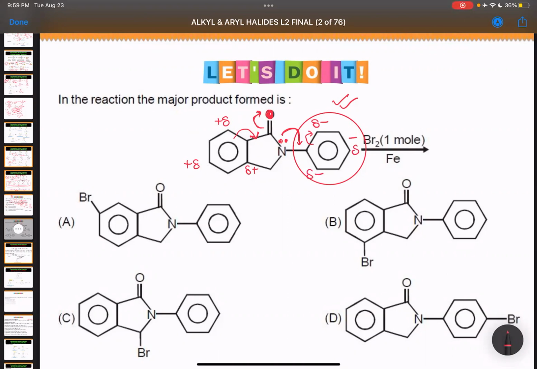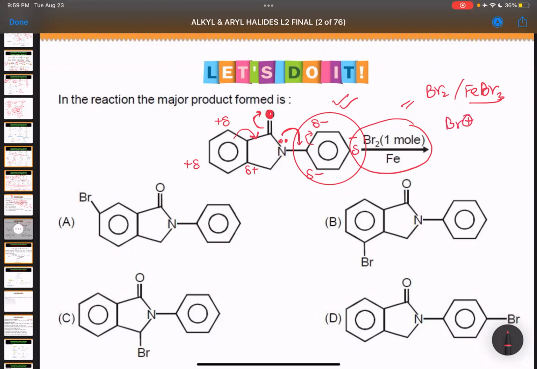So these positions will get enriched. Okay, and if you have Br2 and FeBr3, FeBr3 will break away the Br minus from Br2, leaving behind a Br plus, right?